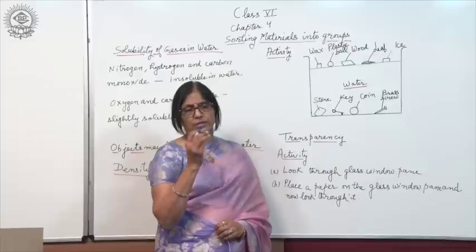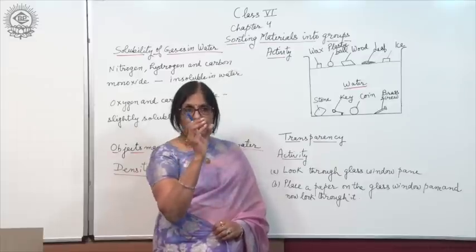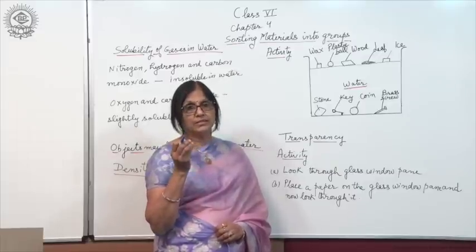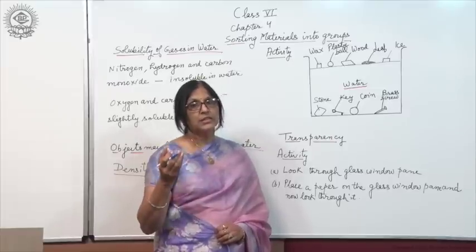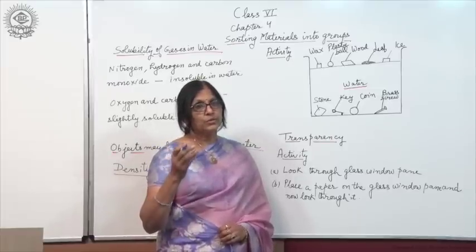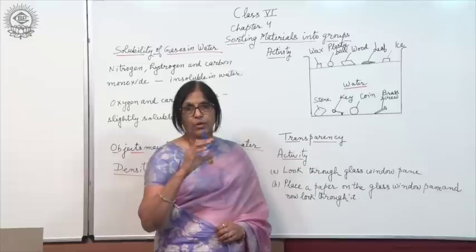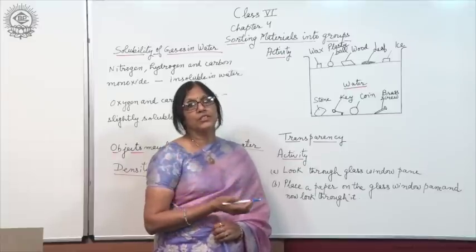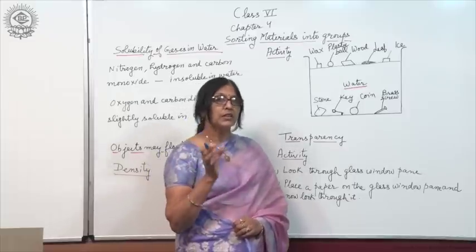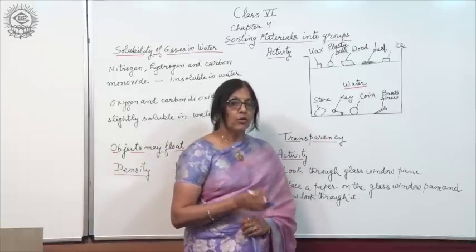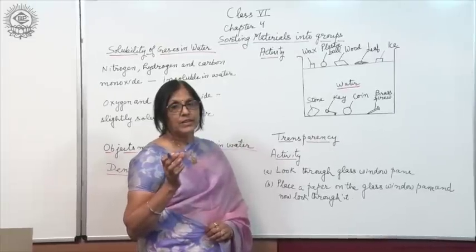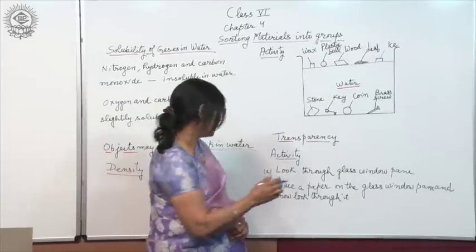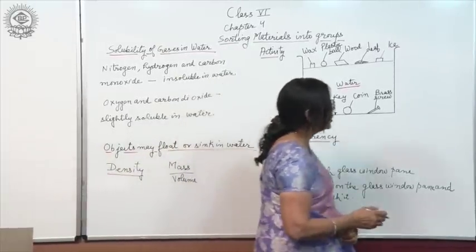You will be seeing a few things outside faintly, not very clearly but faintly. So, this oiled paper is now translucent, through which you can see partially. So, on the basis of this transparency, we can classify the materials into mainly 3 groups.